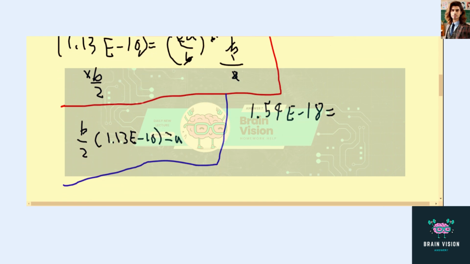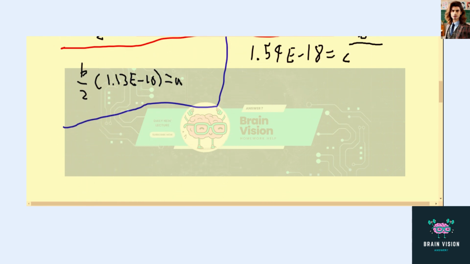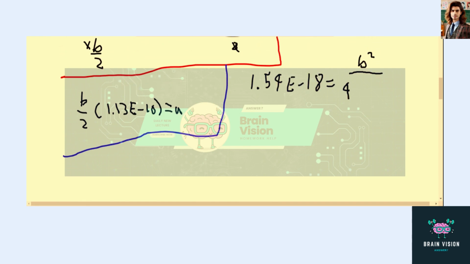So putting everything in terms of b, we will have b squared divided by 4 times a, which is everything here, and this too. So b squared, or b over 2 times 1.13 times 10 to the negative 10. Oh, I forgot the 6th power.